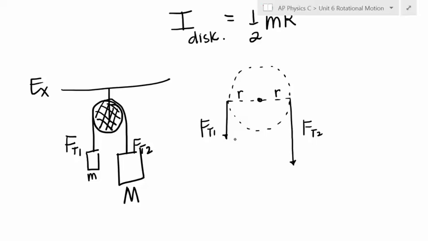It's going to be moving, so it's going to gain some kinetic energy. It's also going to transfer some of its potential energy to the gain in potential gravitational energy of the little mass, and the little mass is going to be moving, so it's going to have kinetic energy, and this disc is going to rotate, so it's going to have rotational energy.